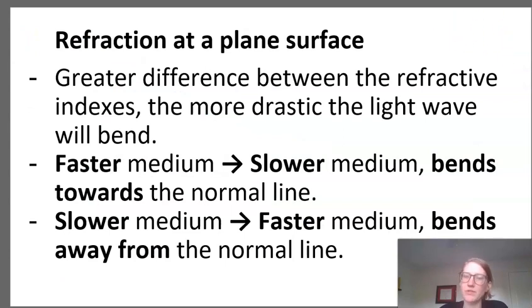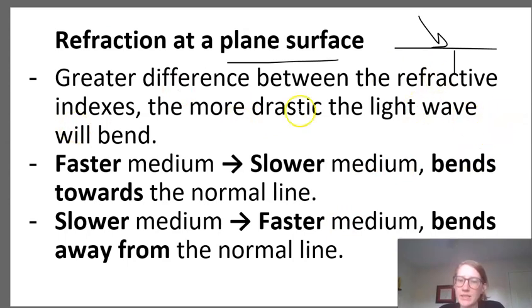So when we have a plane surface, and this just means a very straight surface that light is refracting through, okay? The greater the difference between the indexes, the more drastic the light wave will bend.